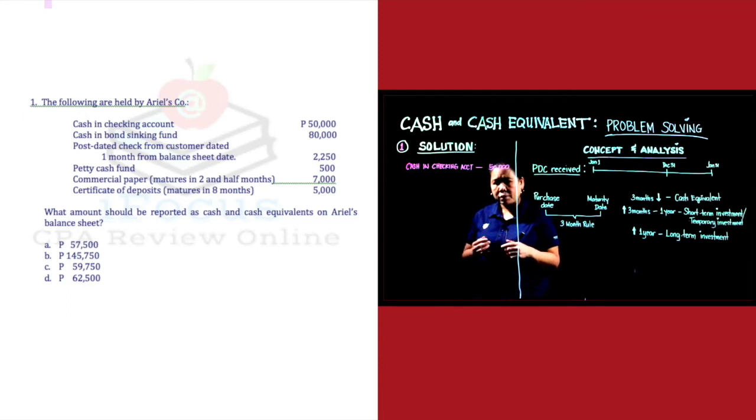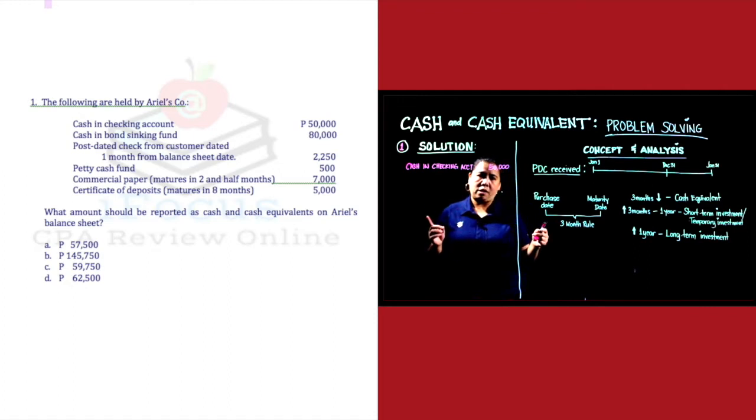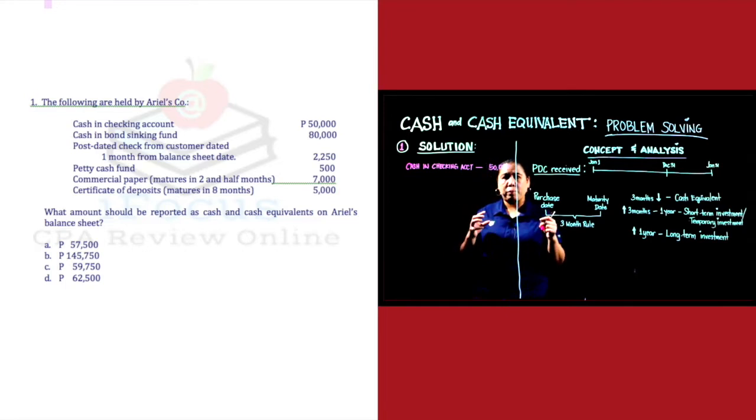But if the problem is silent, then we assume the cash in bond sinking fund is intended for the long-term liability. So, kapag intended ito sa long-term liability, and long-term liability is a non-current liability, therefore, this item number 2, cash in bond sinking funds, should be classified as non-current assets. Alright? Nagpaparallel yan doon sa liability. Hindi siya kasama sa ating cash.